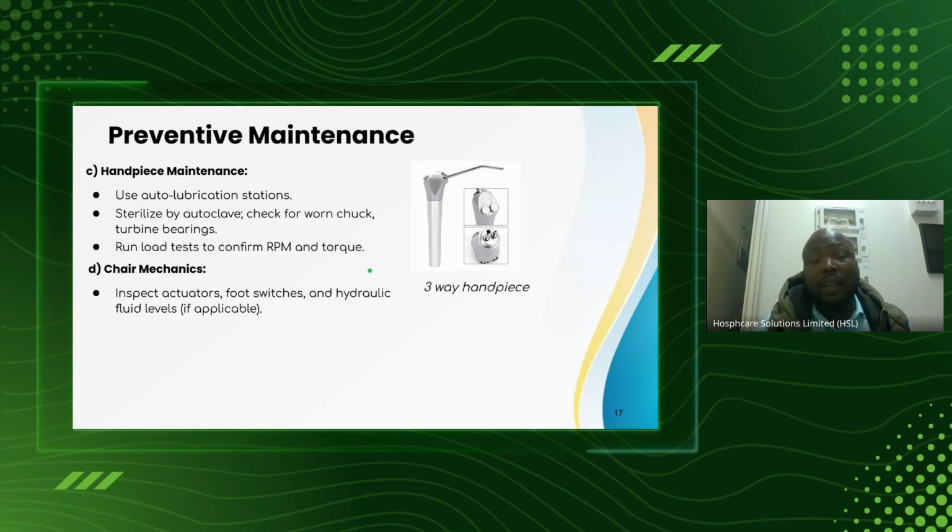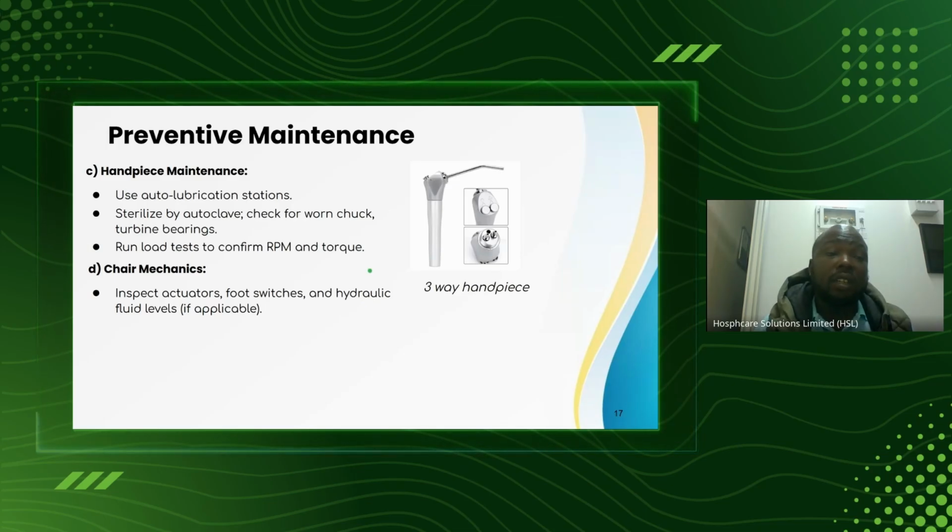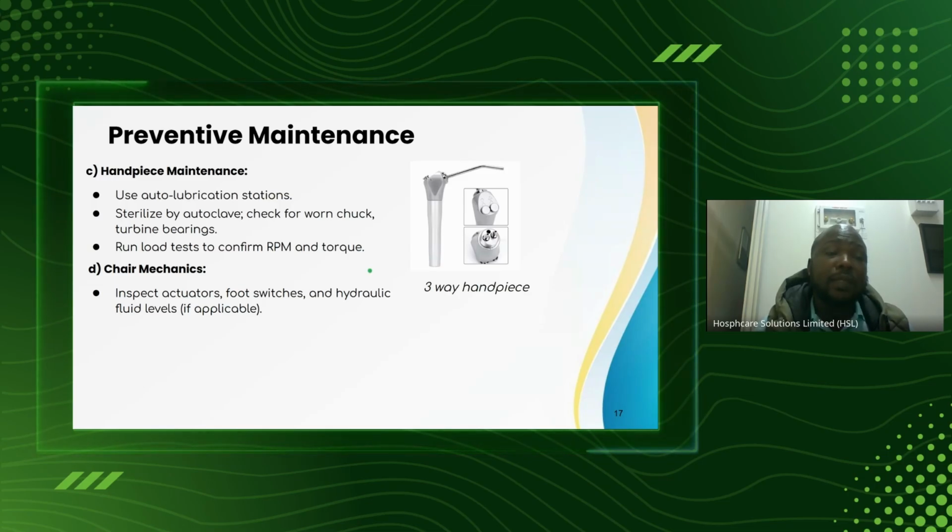So, the handpiece. Remember the handpiece is very important in the dental unit because it helps in terms of the drilling and the polishing of the teeth. So once you don't take care of the handpiece, the turbine or the cartridge will go down. The cartridge will go down, I tell you, in a very short period of time.